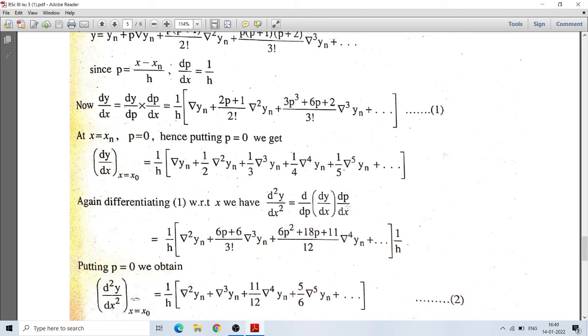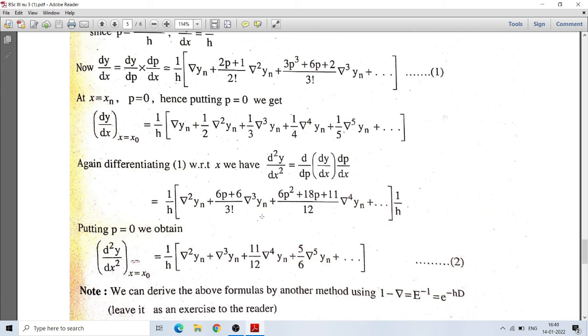And dp/dx is 1/h. Putting p = 0, we get d²y/dx² at x = x0 as 1/h², wherever p is there we substitute 0, and we get equation 5.